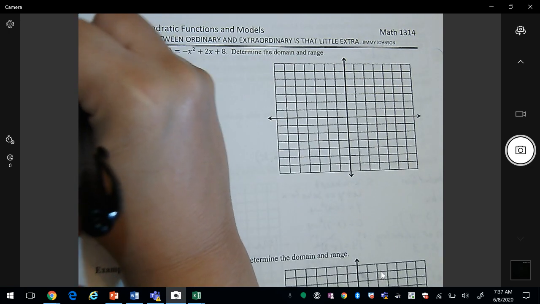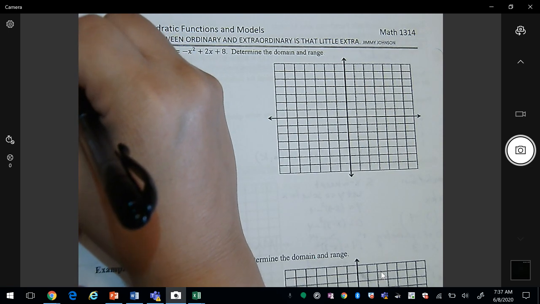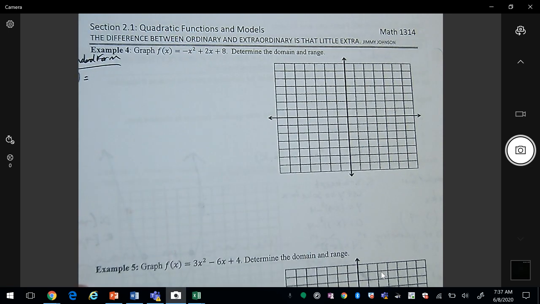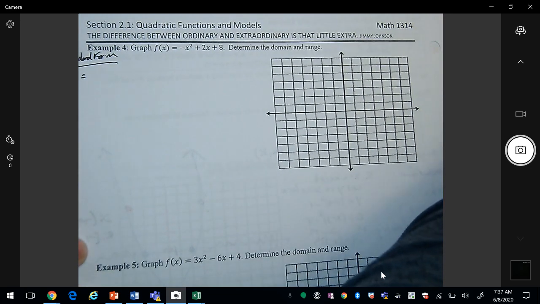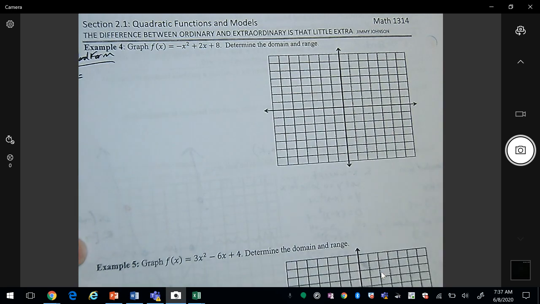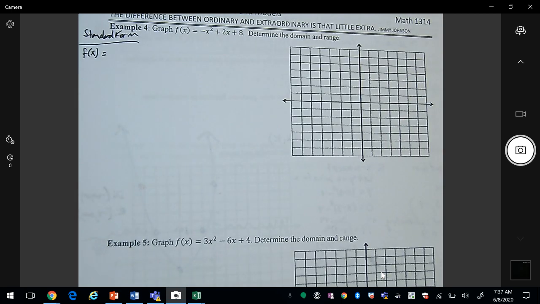To do that, we're going to have to check to make sure that the number in front of x squared is positive 1. And in this example, you can see that it's not a positive 1. Instead, it's a negative.